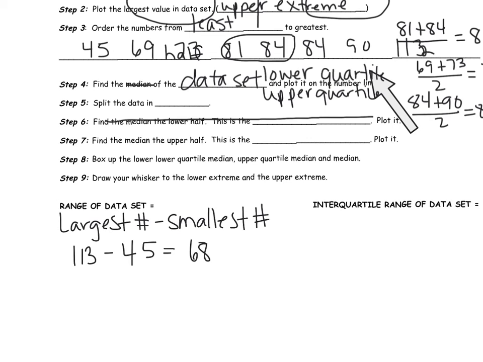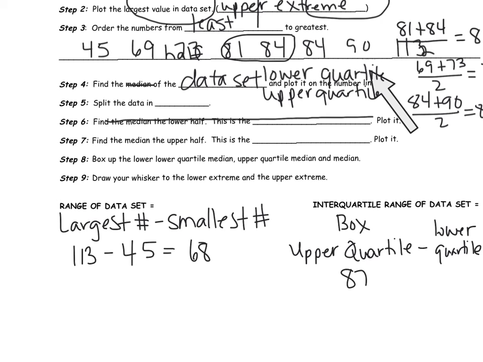When you want to find the interquartile range, all that means is the range of your box. You're going to take the upper quartile, which we found to be 87, and subtract your lower quartile, which we found to be 71. So the interquartile range is 16.